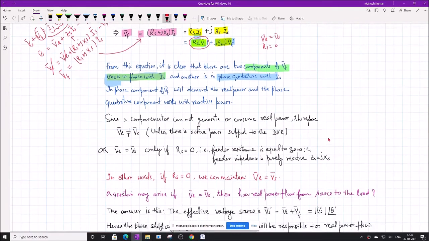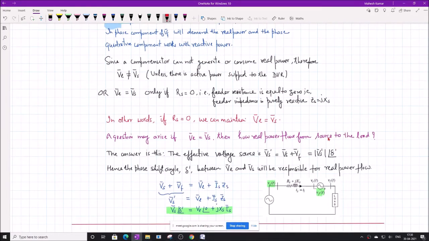So I have explained it here, that unless there is active power support to the DVR, you cannot maintain VL equal to VS in phase and magnitude.